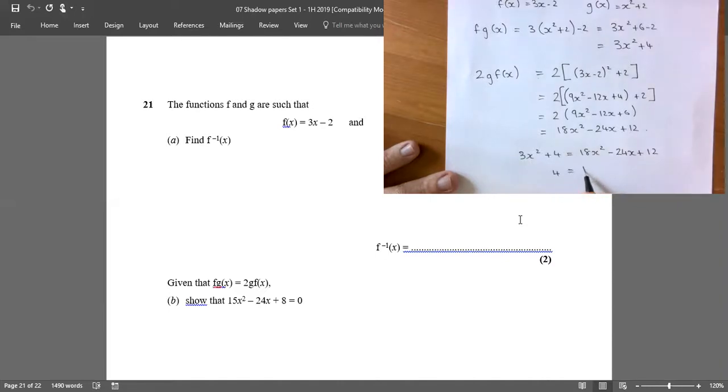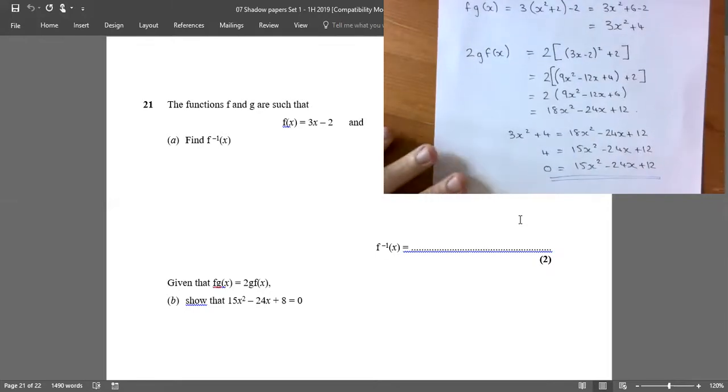So I have 4 equals 15x squared minus 24x plus 12. Take the 4 away, 0 equals 15x squared minus 24x plus 12. That's what we were asked to show, except obviously that shouldn't say plus 12, that should say plus 8, which is why it's important to quickly check through your answers.